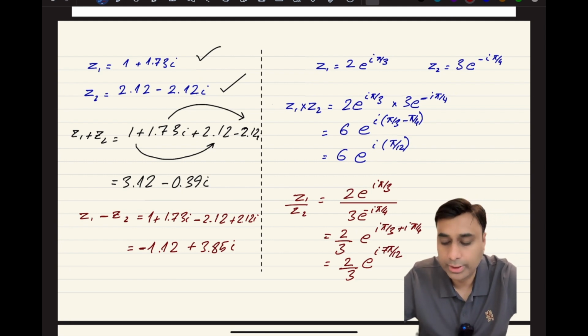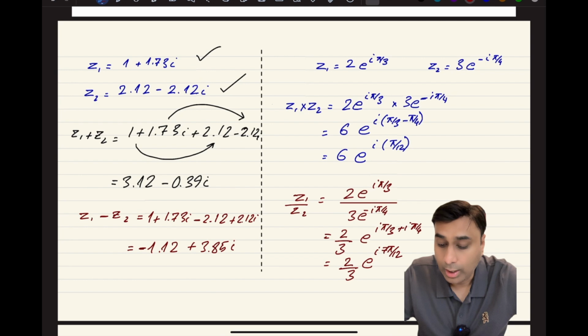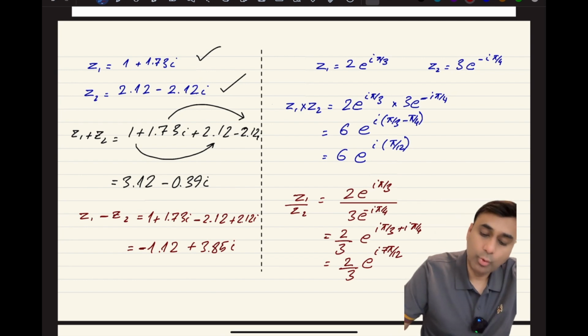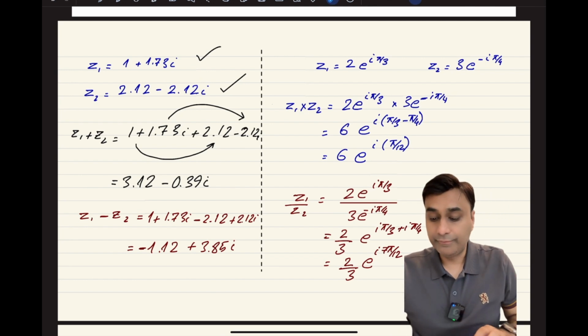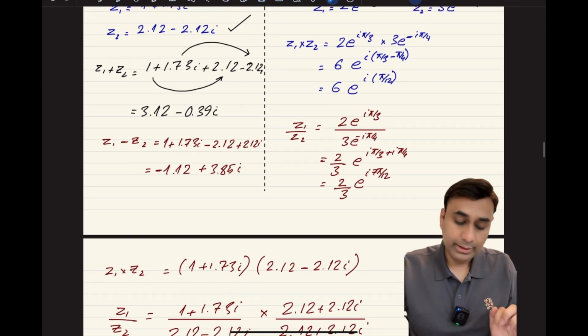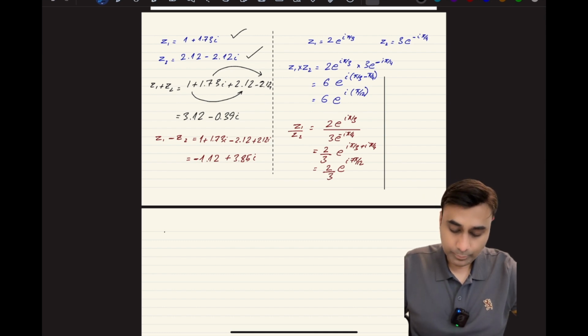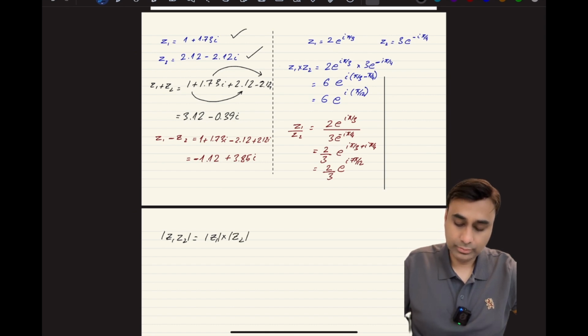And that's how you can quickly, in very little working, find out the products and the quotients of complex numbers. And this also tells you one more piece of information that can be very useful in many situations, which is that if you're finding the product or quotient, you can say that modulus of z1 z2 is equal to modulus of z1 times modulus of z2.